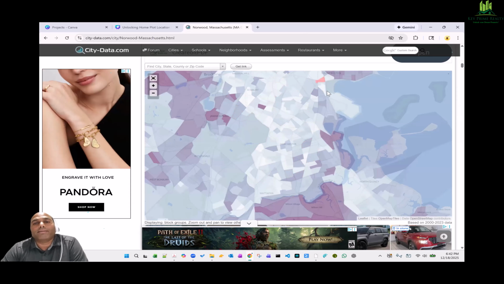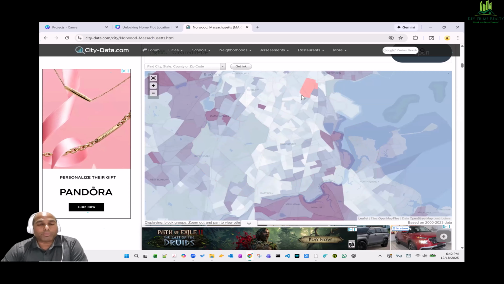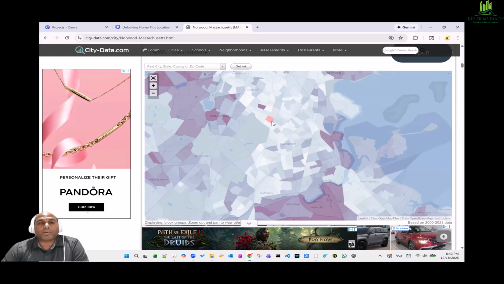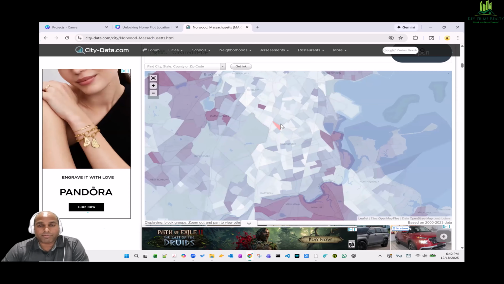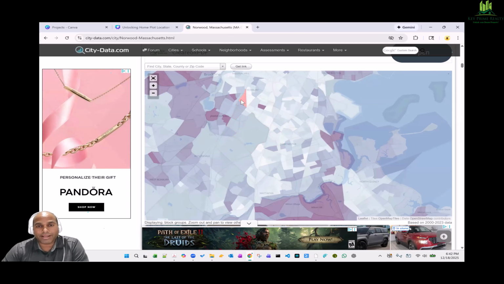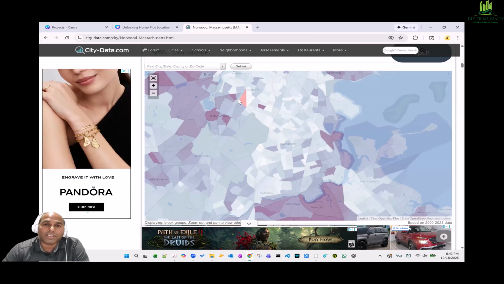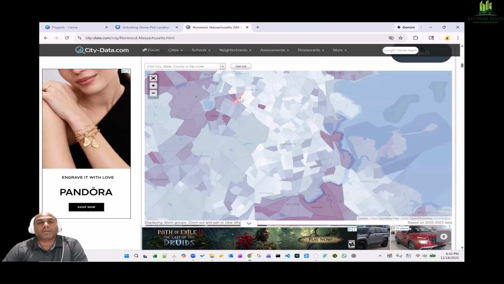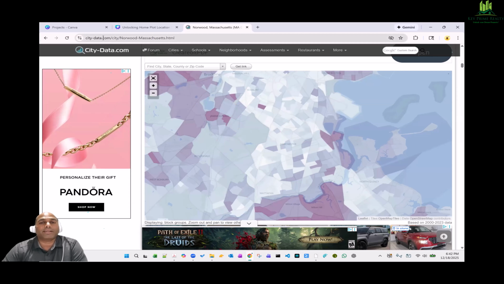If all around it are doing poorly, the probability of this coming up in value could be low, and obviously the property values are also reflective of that. But if you are getting something at a much lower price, and the adjacent blocks are doing very well as of now, that is something you could potentially bet on. For that, this city data is really, really useful.